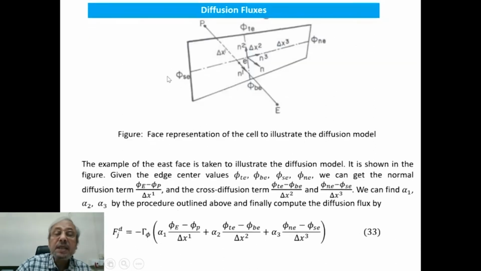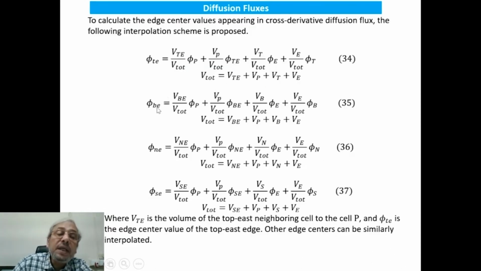4 neighboring cells, that means cell of interest P, cell above it T, eastern neighbor E, and basically the corner cell, which is just at the top of the eastern cell. So we are involving 4 cells to define phi T. Similarly, phi B will involve the bottom cell. Here phi T involved top cell and top eastern neighbor.